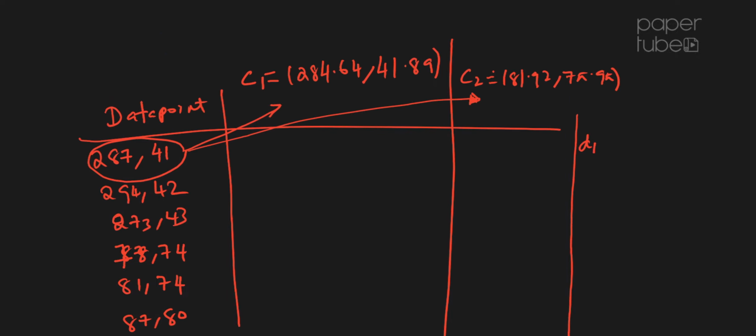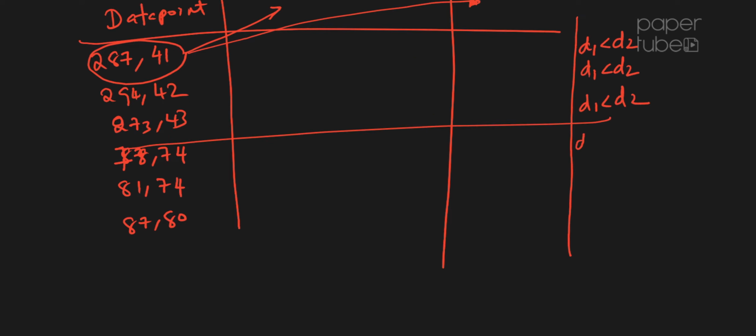So even if you do the calculation, you will see that D1 will be less than D2 for the first 3 points, and then here D1 will be greater than D2 for the other three.